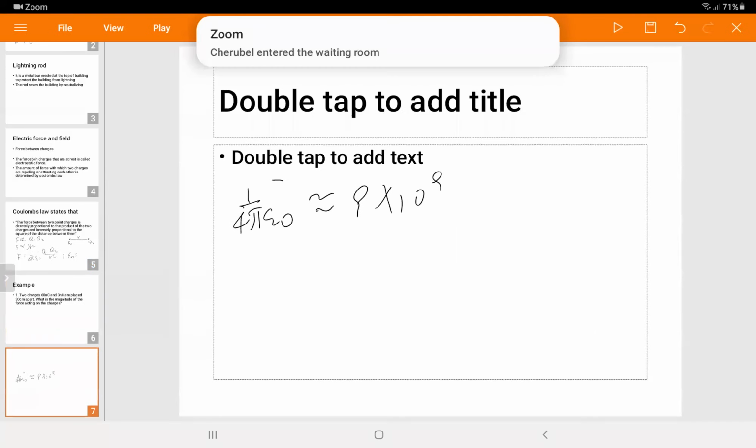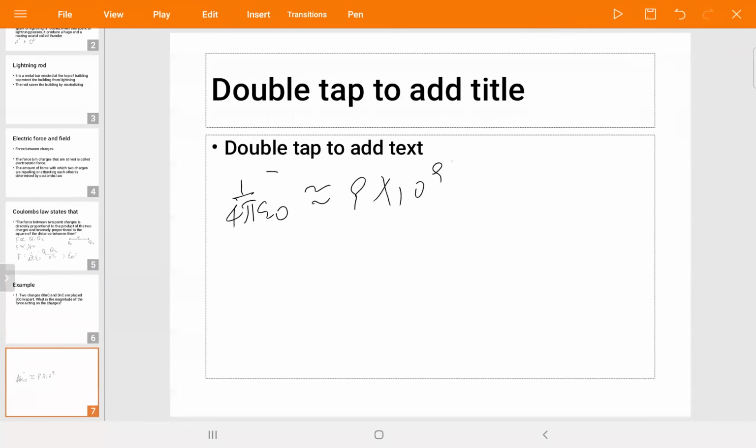9 times 10 raised to 9 Newton meter square over Coulomb square. This is called K, which is the electrostatic force constant.